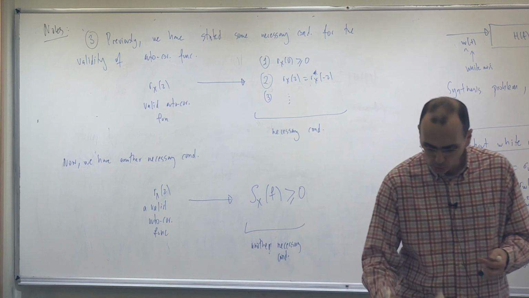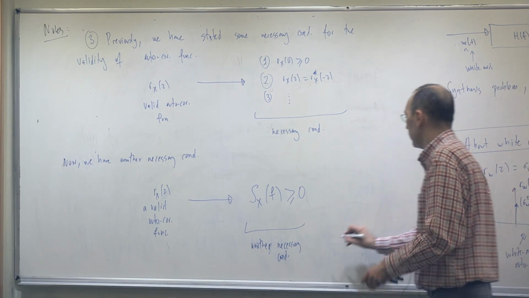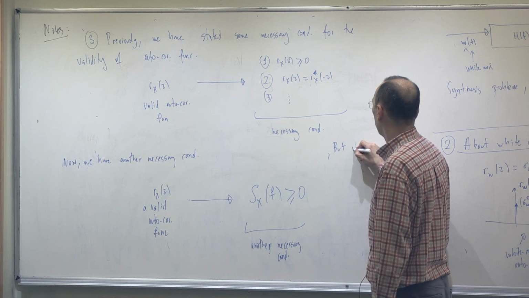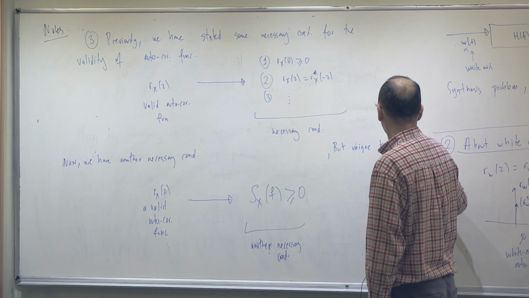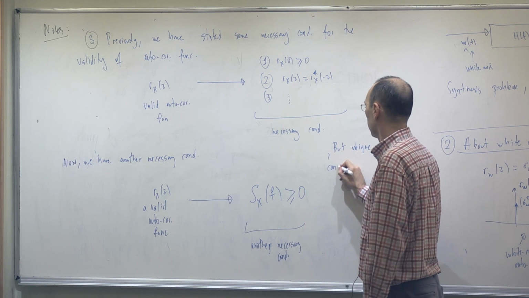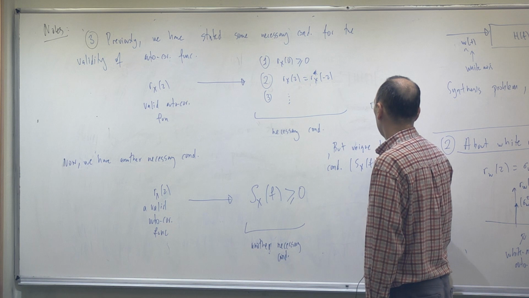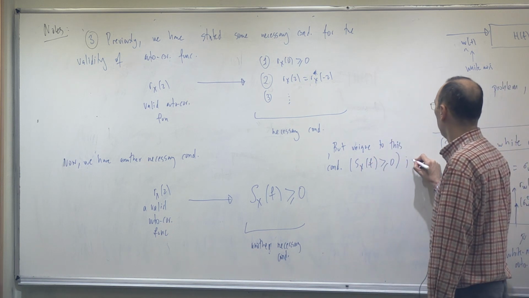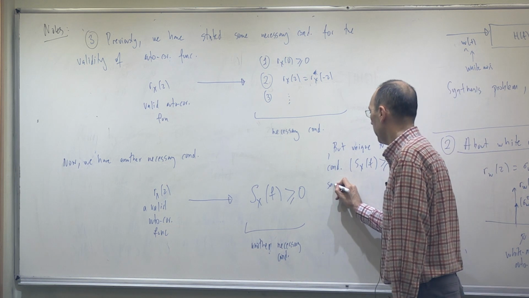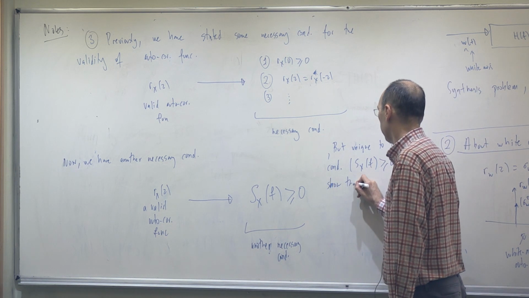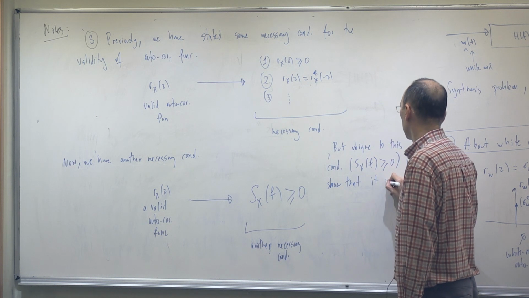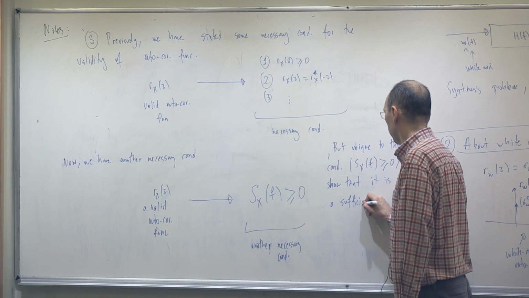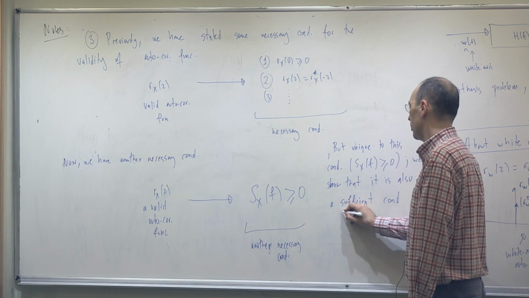What is unique to this condition, that is the power spectral density being non-negative, is that we can show it is also a sufficient condition. This is different.